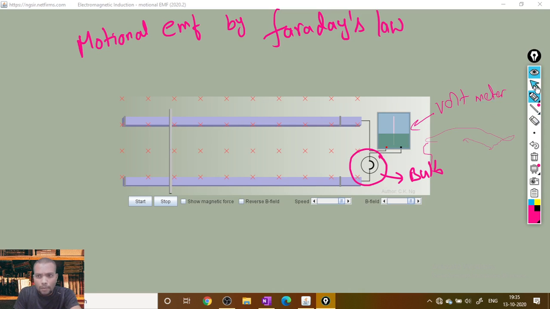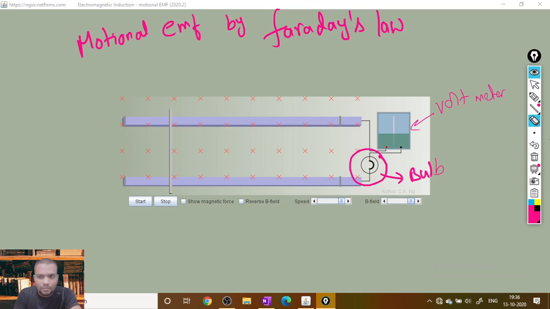To glow the bulb, current is supposed to flow. To flow current, we need EMF, electromotive force. The EMF we can get from a source, a cell is a source of EMF.